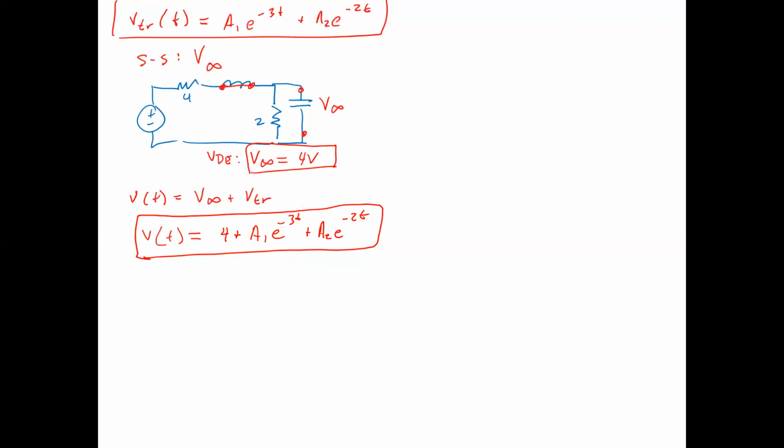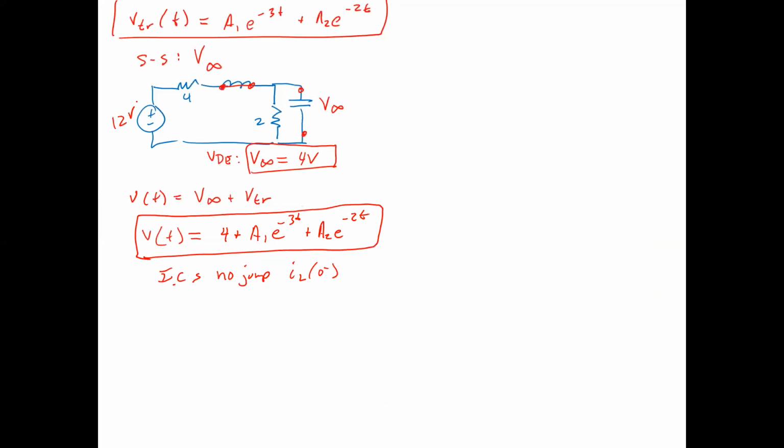So our initial conditions are that IL of 0 minus, from the no jump rule. And what is IL of 0 minus from the no jump rule?